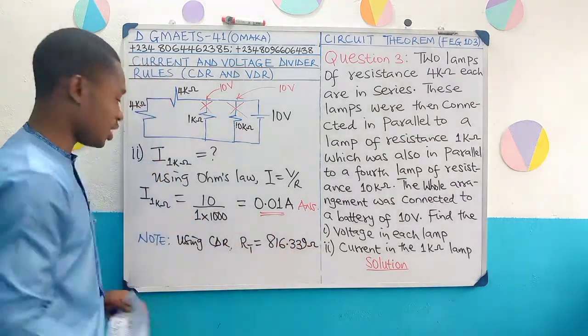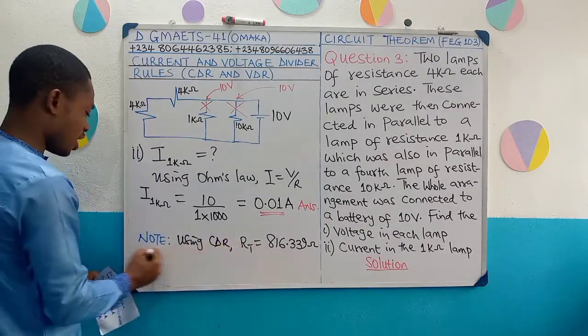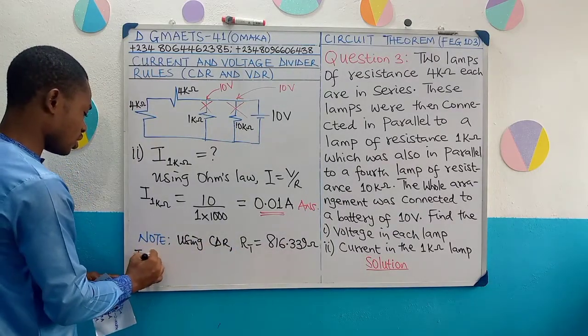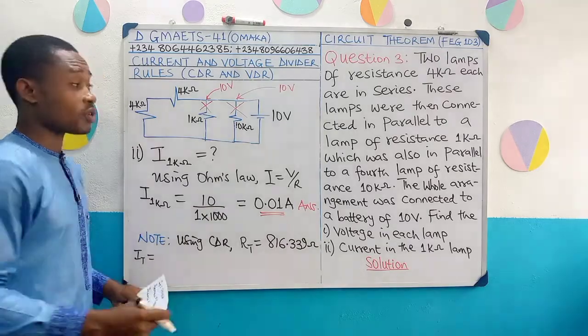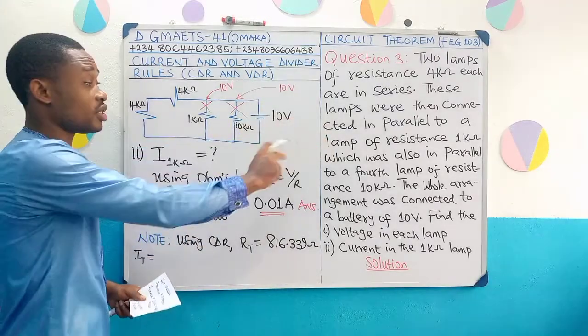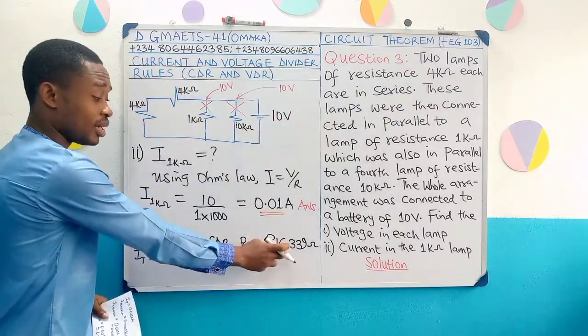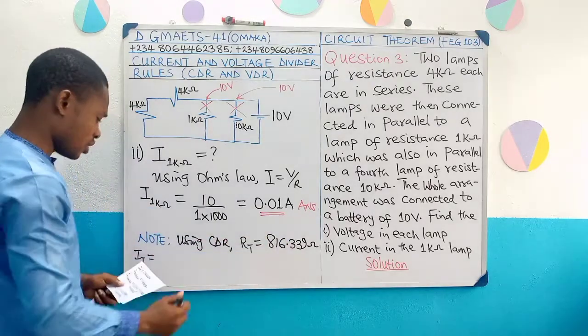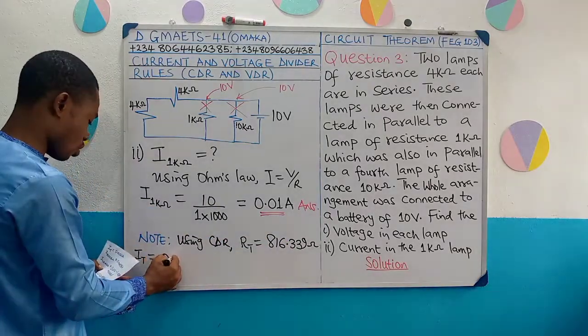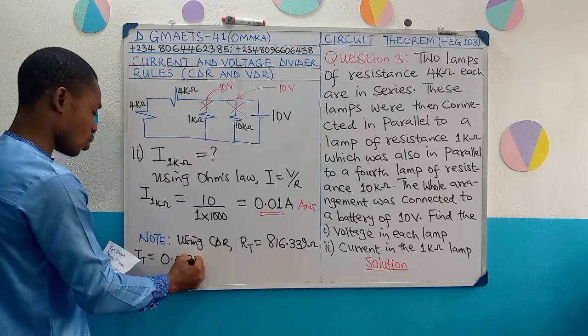That's what I obtained. And then from there, the total current in the circuit, of course, I had to use Ohm's law for that, which is total voltage divided by the total resistance. And this was what I obtained as the total current, 0.0122 ampere.